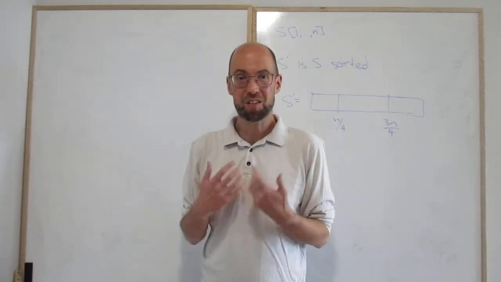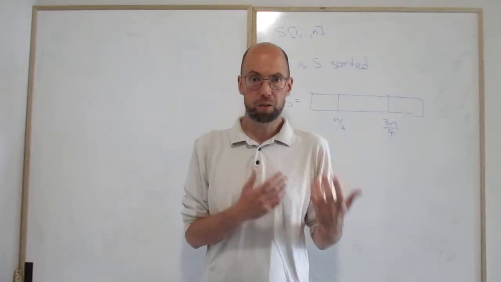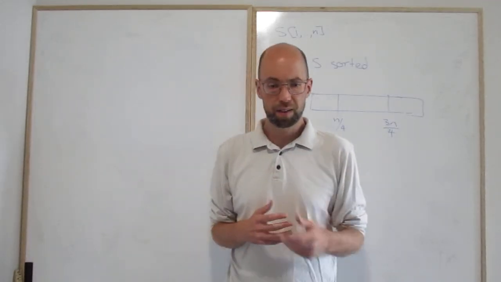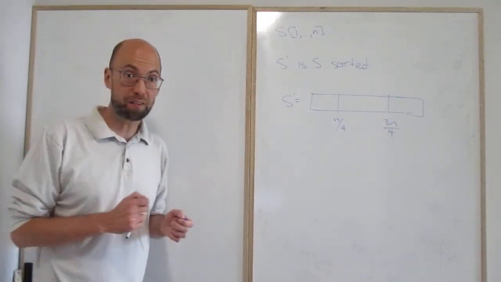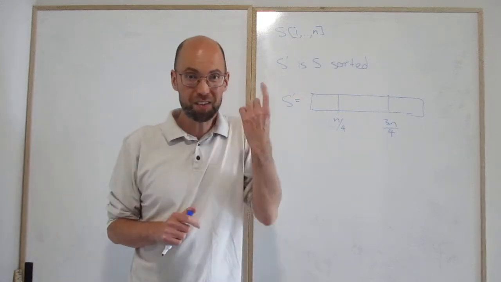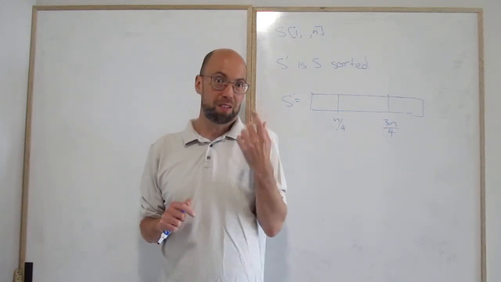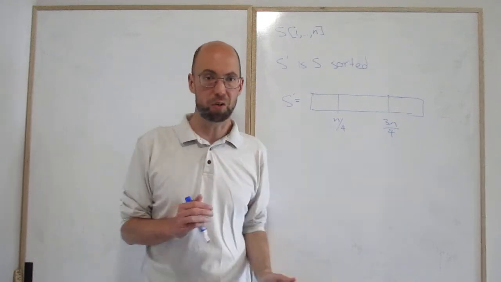So how much time do we expect to take before we get a good pivot? Well, what are the chances of me using one try, choosing one pivot, and it's a lucky pivot, and I just keep going?